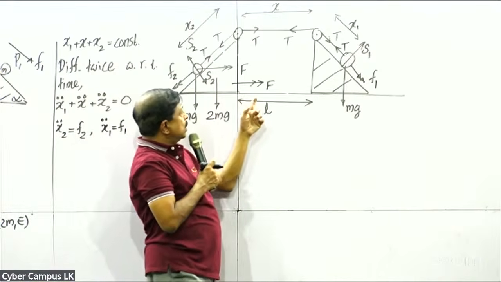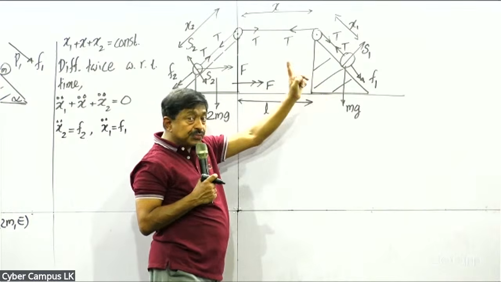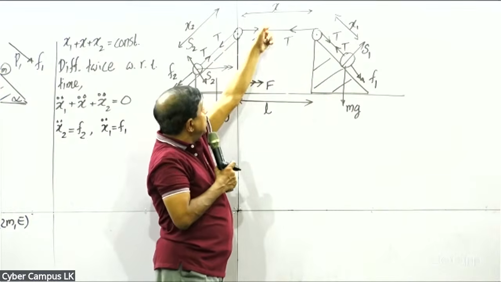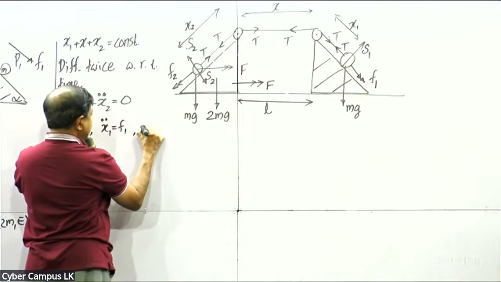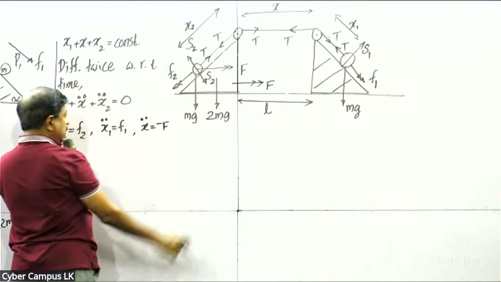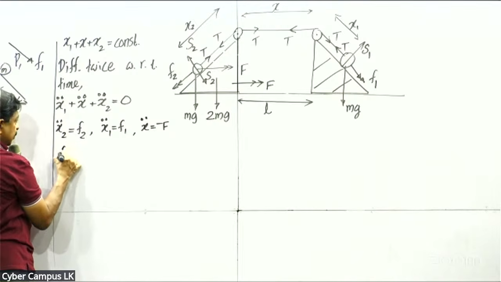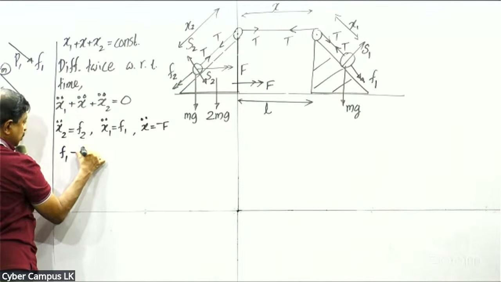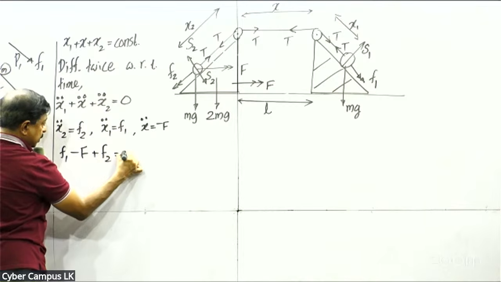However, if capital F takes this direction, and since this is fixed, it will decrease x. Therefore, x double dot is minus F. It has a negative relationship. Now we'll plug in these things here. So this is F1, this is minus F, this is F2, equal to 0.